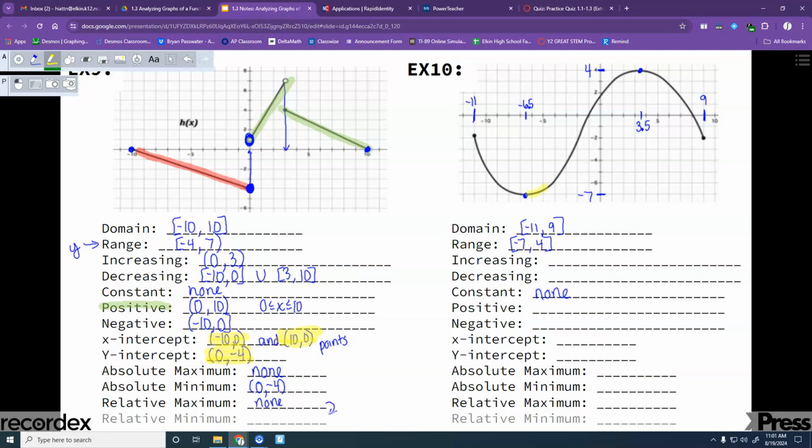Increasing is this middle piece right here. So if you look at the x coordinates for that, it would be negative 6.5. Oh, let's use a bracket, actually. Bracket. That's one of those I won't really count off on. And 3.5 is our bracket.